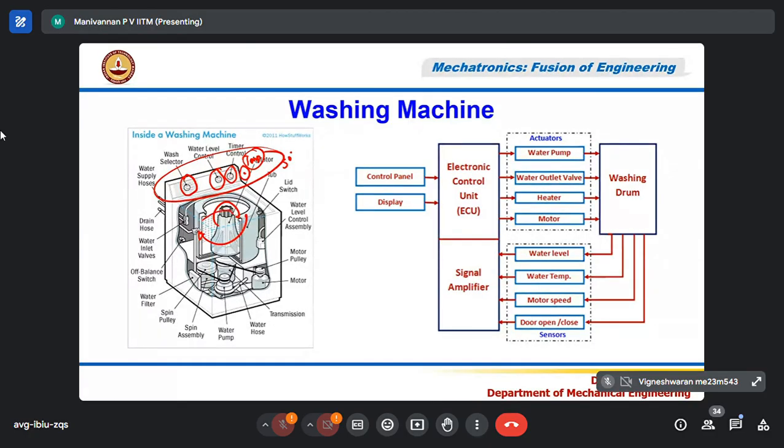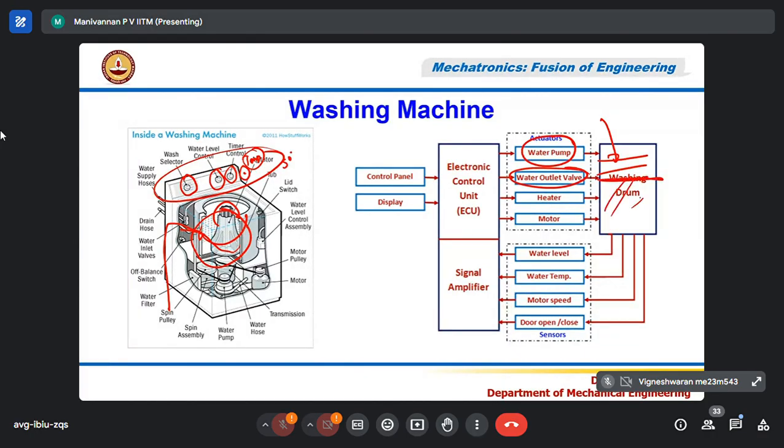Then my water becomes dirty water, so that should be removed. So I will open the outlet valve, and the water will be pumped out to drain. Once that is drained, the drum will be filled again with fresh water. Again the pump will be operated, and fresh water will be filled only to half level, because I have selected half level.